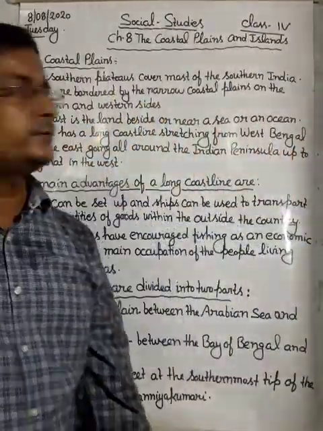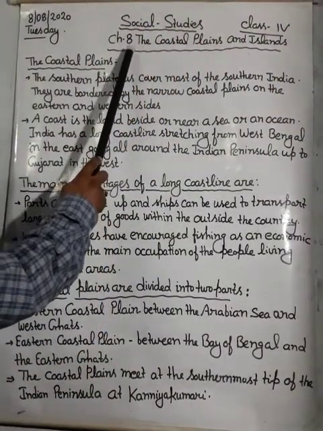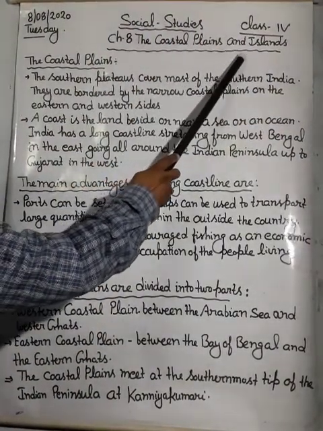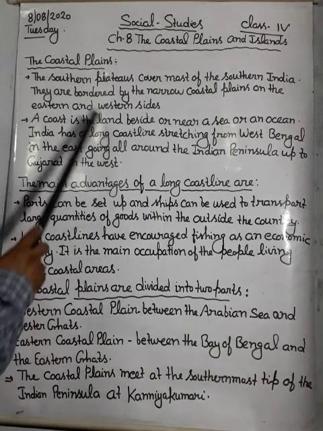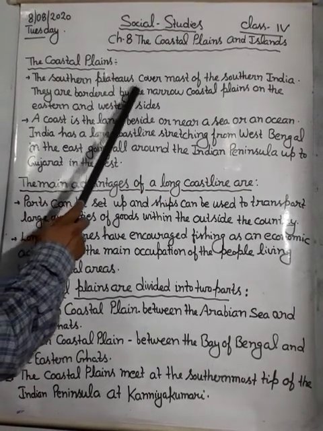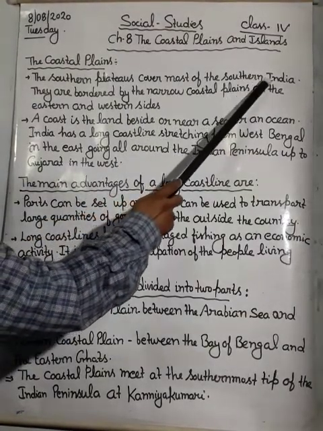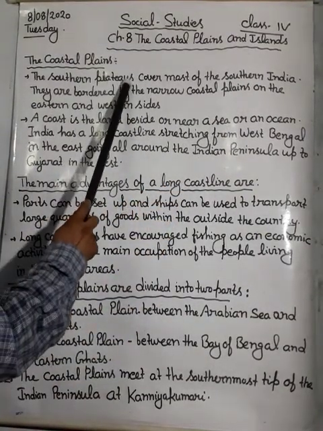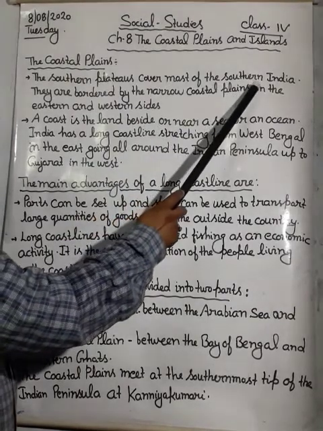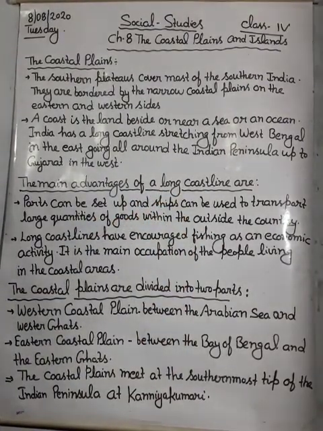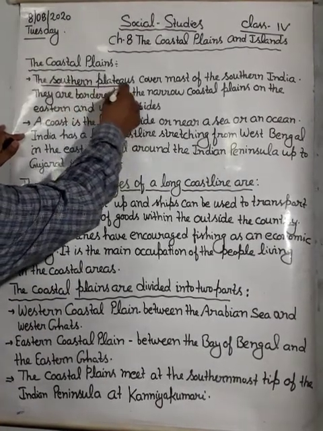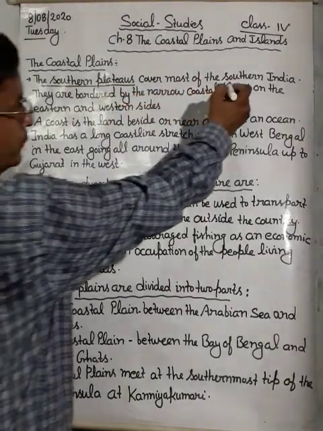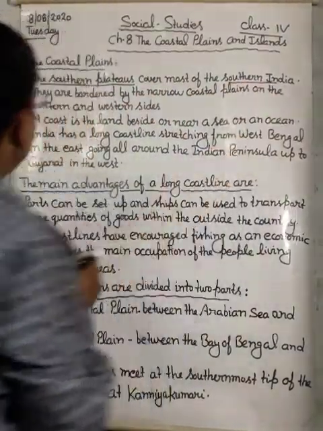So let's start. You can see here chapter 8, the coastal plains and islands. The coastal plains. The southern plateau covers most of southern India.